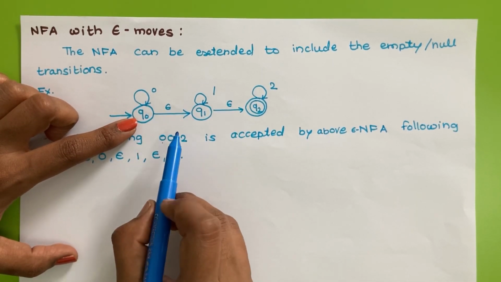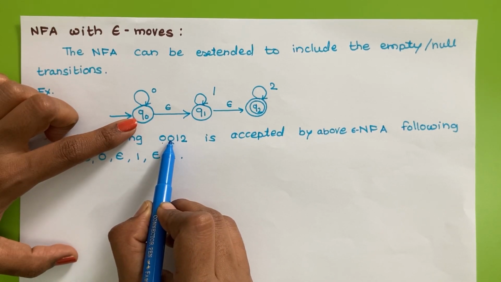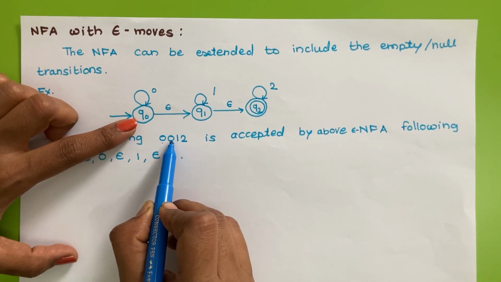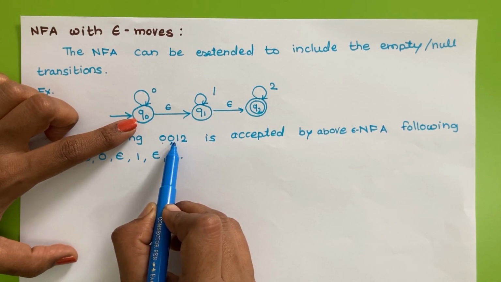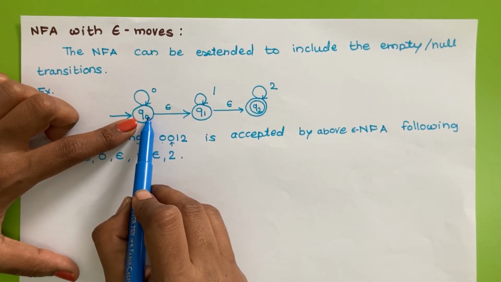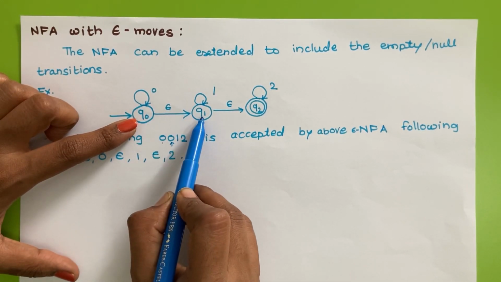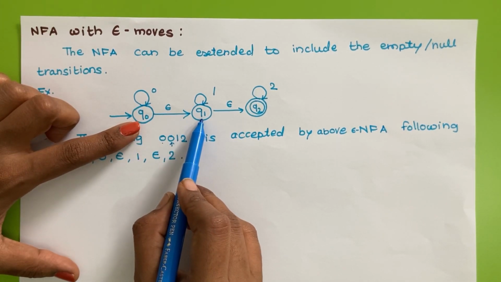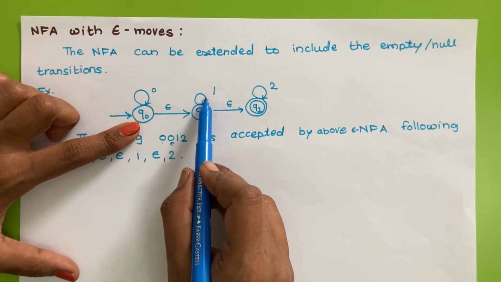In between this 0 and this 1, we don't have any input as empty explicitly, but it can be considered as Q0 empty Q1. So it will automatically read empty from Q0 to Q1, and it will read 1.